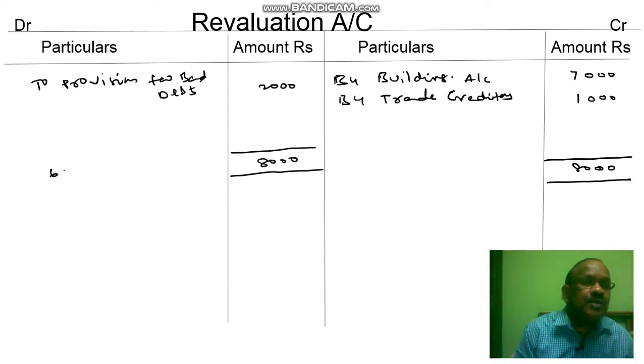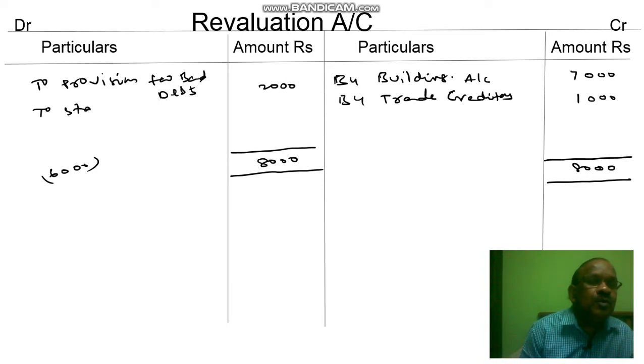The difference is 6,000. This amount will be distributed among the partners in the 5:3:2 ratio to Star account, Sun account, Moon account.